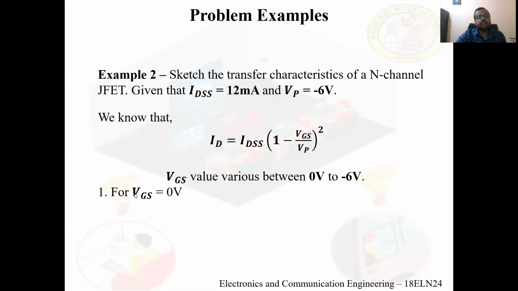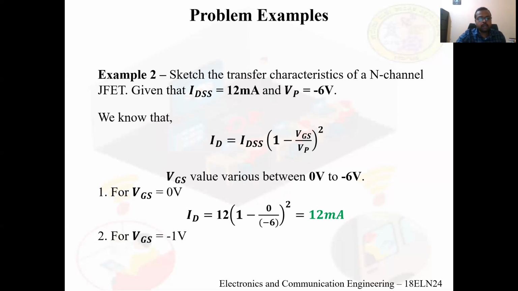First we'll consider VGS as 0 volt. For 0 volt, what is the ID? It is 12 times (1 minus 0 divided by 6), which reduces to 12 milliamperes. Therefore, ID is equal to 12 milliamperes for VGS equal to 0 volt.